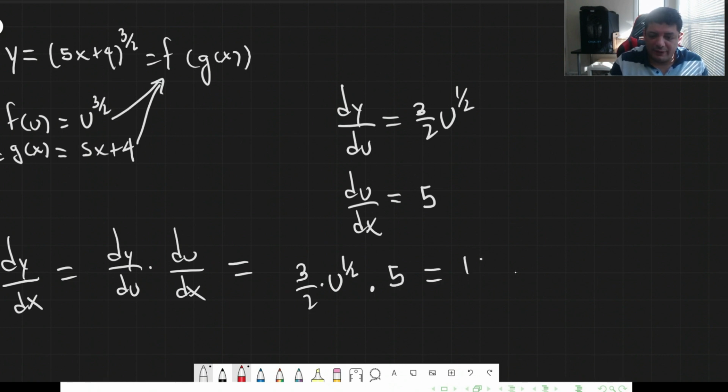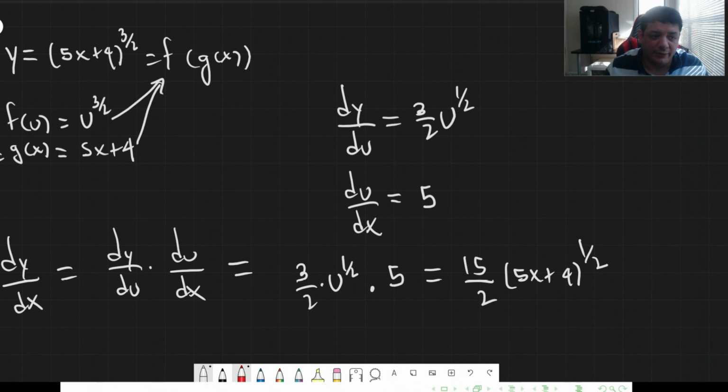So we have 15/2, and that part's fine. But now what we can do is replace what is actually u. We know that u is 5x plus 4, so we get 15/2 times (5x plus 4) to the 1/2. Okay? And so this is one way of doing this.